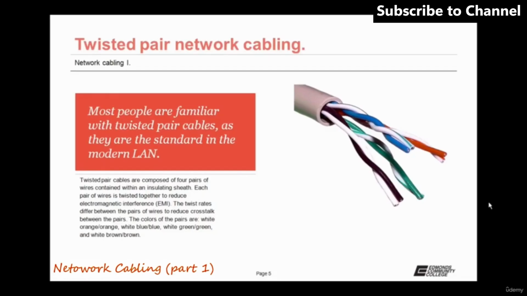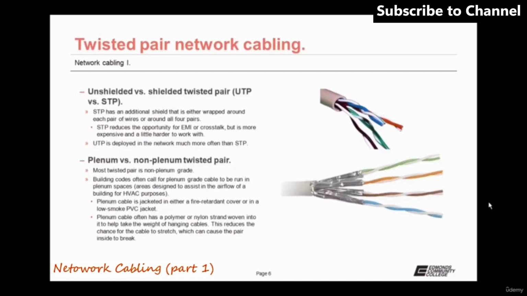The colors of the pairs of wires are always white-orange, orange, white-blue, blue, white-green, green, and white-brown, brown. Twisted pair network cabling comes in either unshielded or shielded twisted pair. That would be UTP or STP.